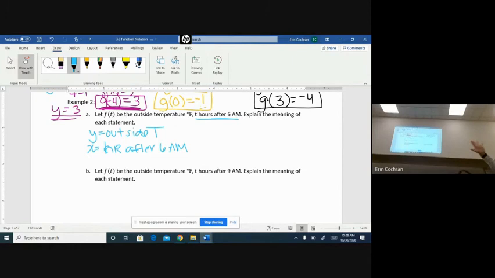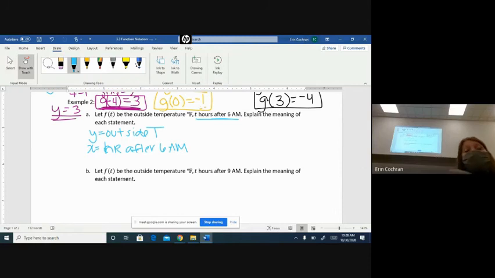What's 5 hours after 6 a.m.? 11, right? It'd be 11 a.m. If my T is 12, what time is it? It is 6 p.m. Okay, does that make sense to you guys?